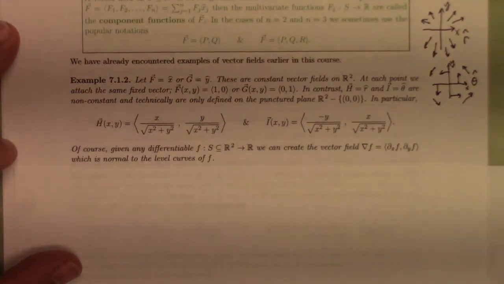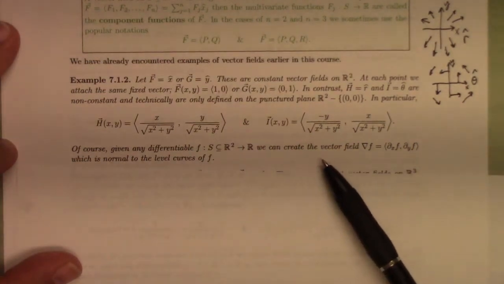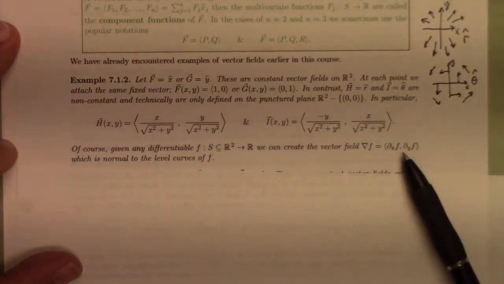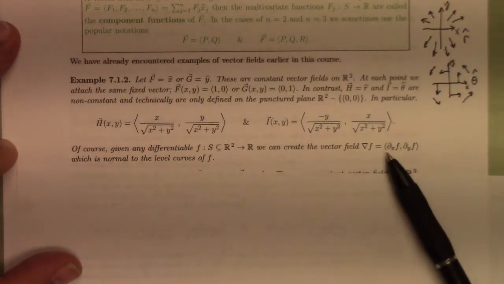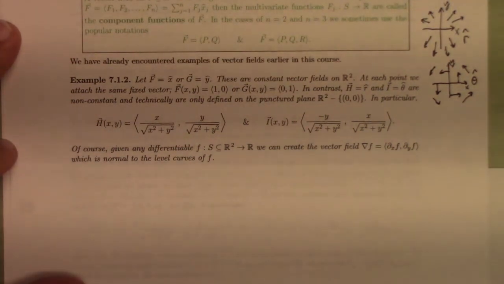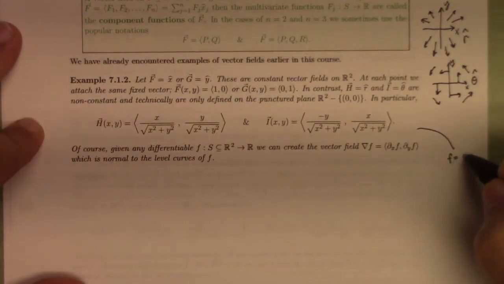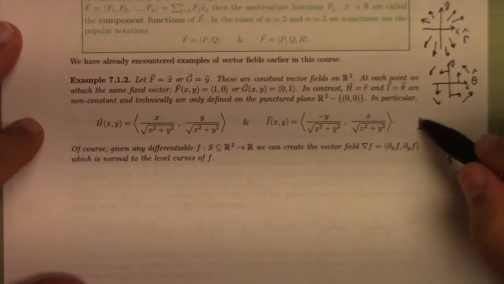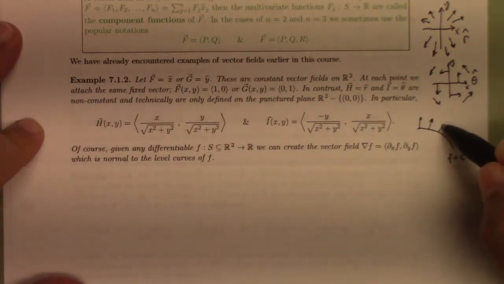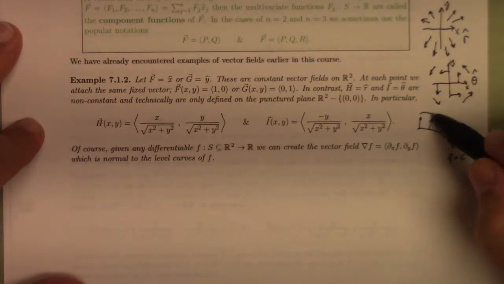Of course, given any differentiable function from a subset of R2 to R, we can create the gradient vector field by calculating partial derivatives, like so. And we know the geometry of that: if this is the level curve f equals a constant, then the gradient vector field, if you draw it along that level curve, is in the direction of the next level up.